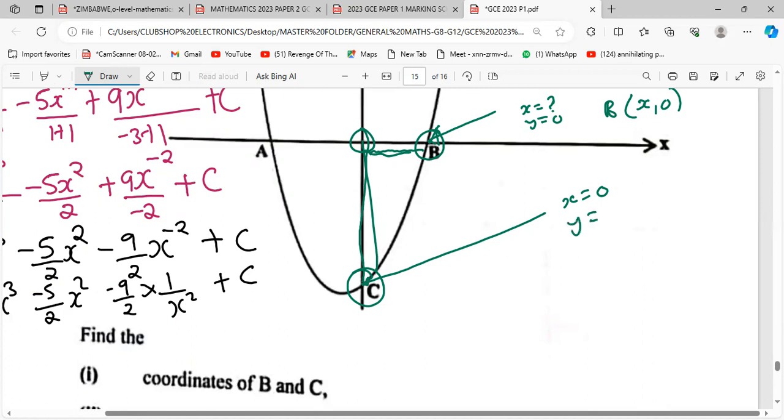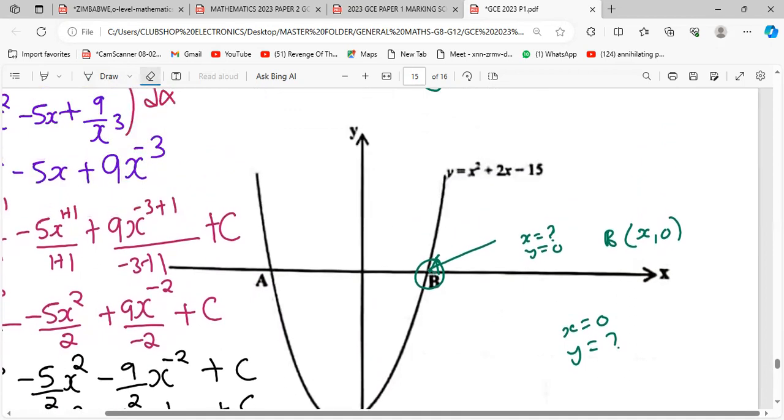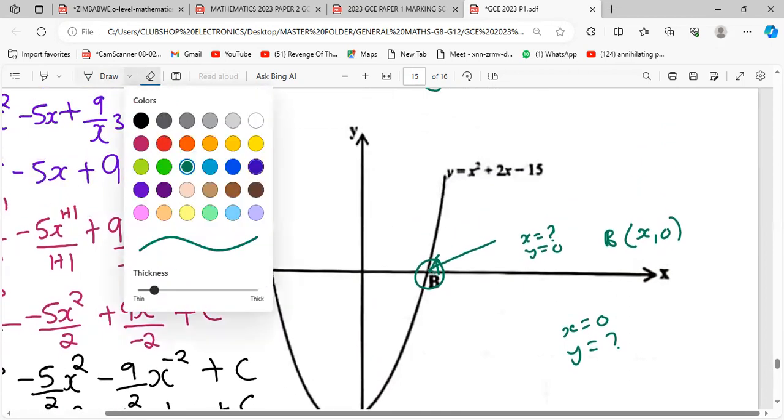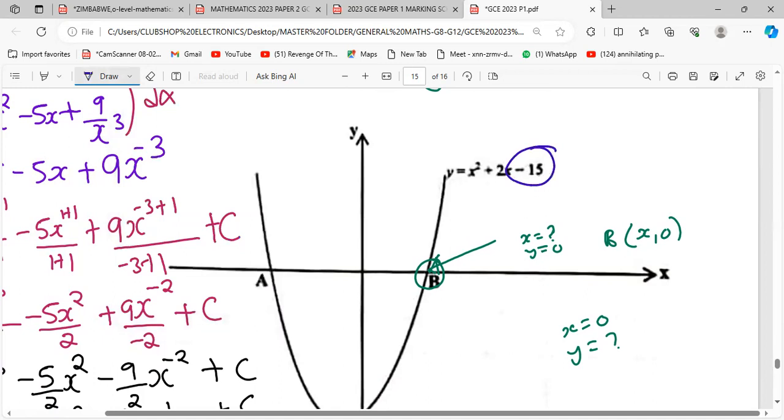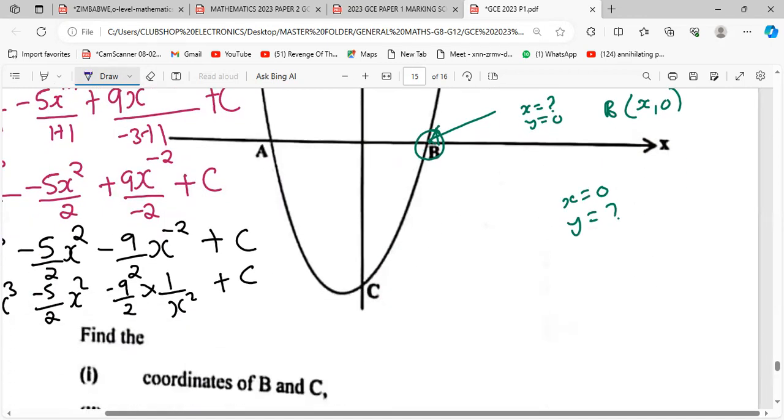Since C is our y-intercept, which is -15, the coordinates at this point are 0, -15.